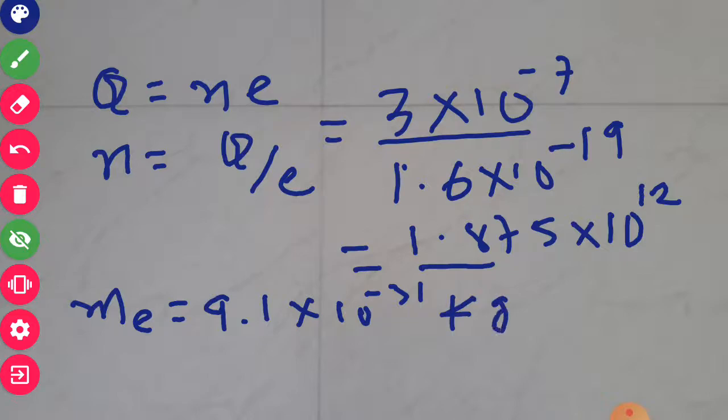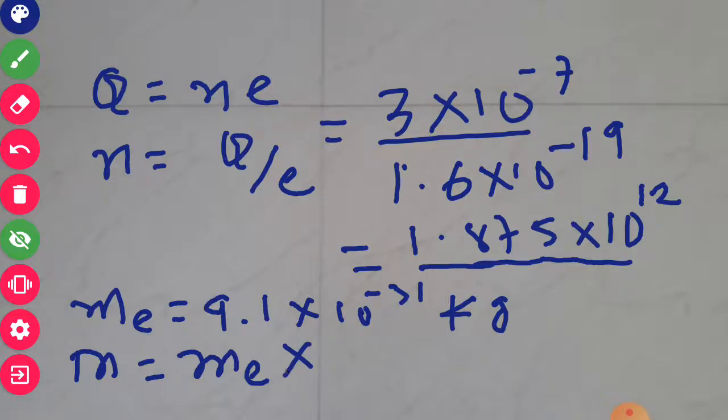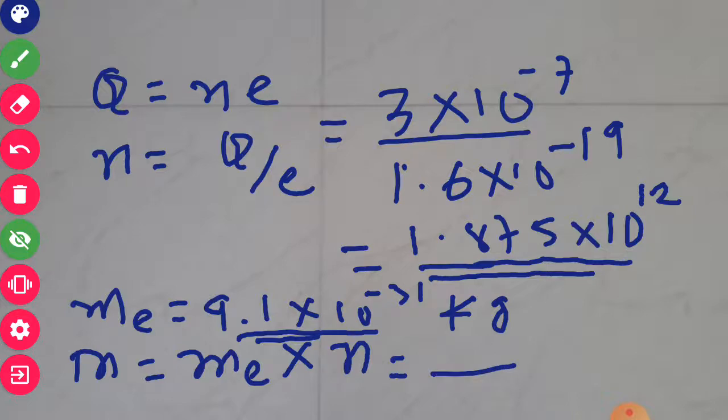Therefore the total mass will be the mass of one electron, 9.1 into 10 raised to minus 31, multiplied by the number of electrons transferred. If you multiply 9.1 into 10 raised to minus 31 with 1.875 into 10 raised to 12, you will get the total mass transferred.